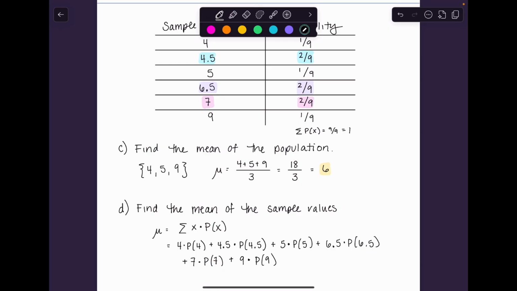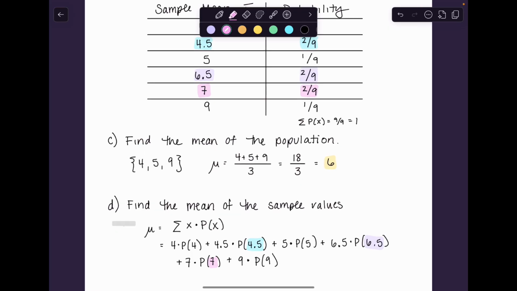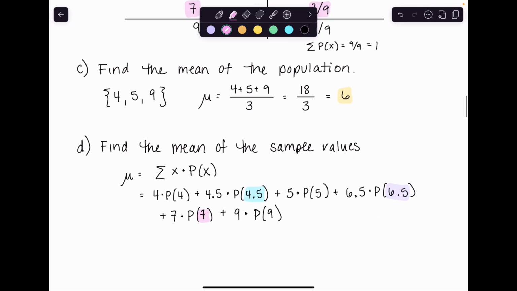Okay. And just to highlight the ones that have a value of 2 out of 9, that's 4.5, 6.5, and 7 all have those higher probabilities. Everything else is 1 out of 9.